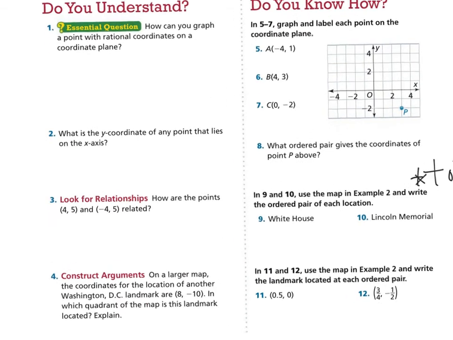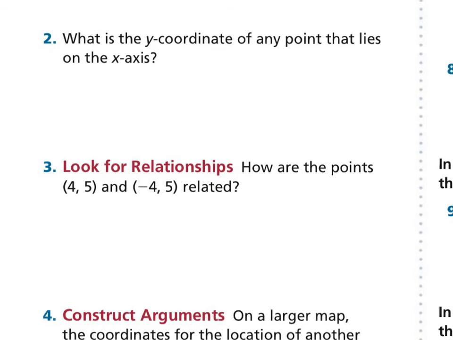If you look at the Do You Understand number 2, what is the y coordinate of any point that lies on the x-axis? We could just sketch something out here and think about it. This point's on the x-axis, this point's on the x-axis, and that point's on the x-axis.